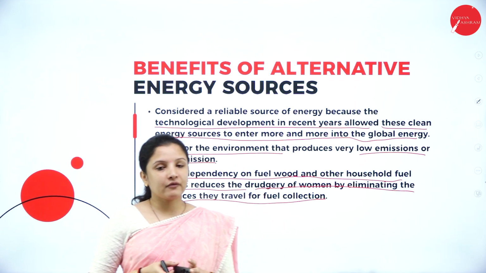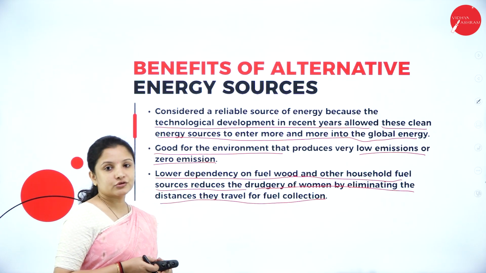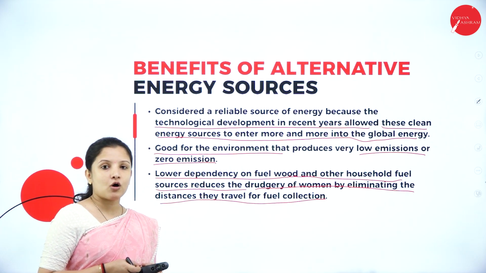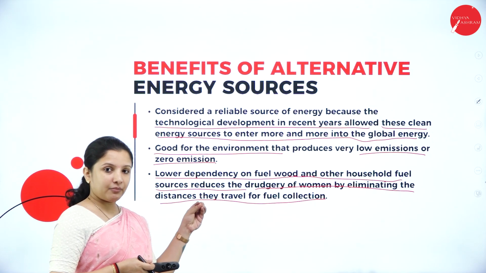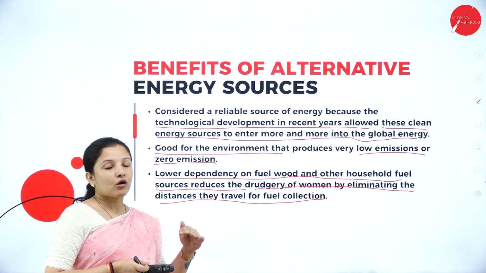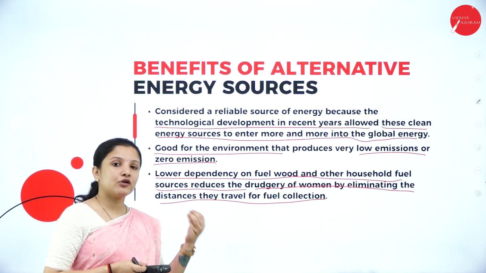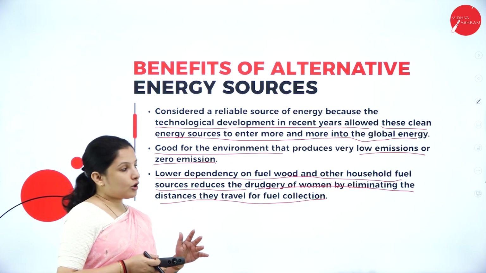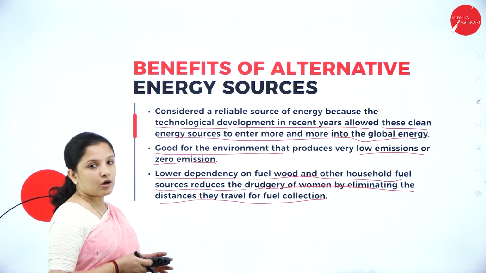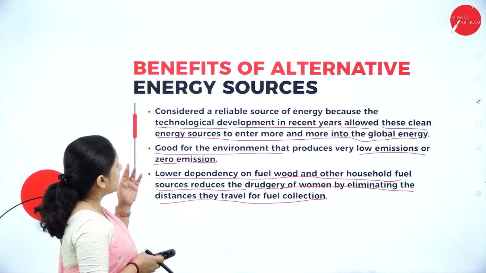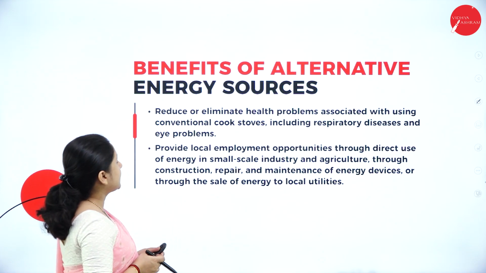But if we stop the use of firewood and give them an alternate source of energy such as LPG, biofuels or biogas, then these women can avoid walking long distances to fetch firewood. Therefore, the safety of the women can also be put on the top list. So lower dependency on fuel wood and other household fuel can be achieved if we use alternate energy sources. These are the different benefits of alternate energy sources.